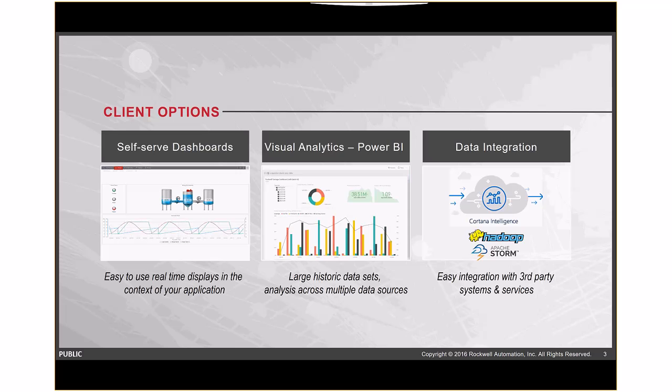But that automation data that we are expert at retrieving is a component in those strategies. So the FactoryTalk Cloud provides data integration abilities so that we can easily send the data from our platform into broadly available systems such as Hadoop, Apache Storm, and of course Microsoft's Cortana intelligence services for doing things like machine learning and other predictive analytics.